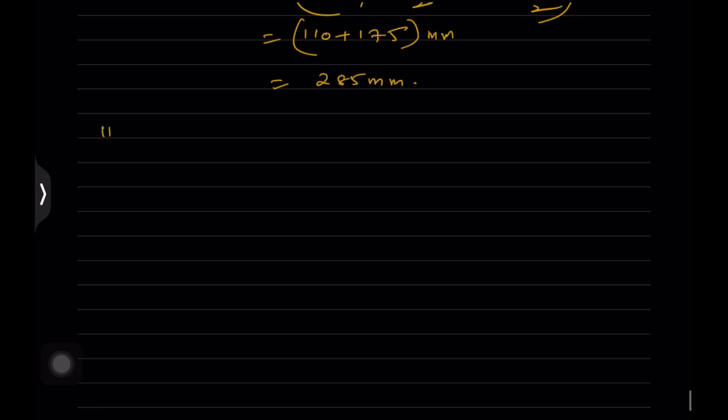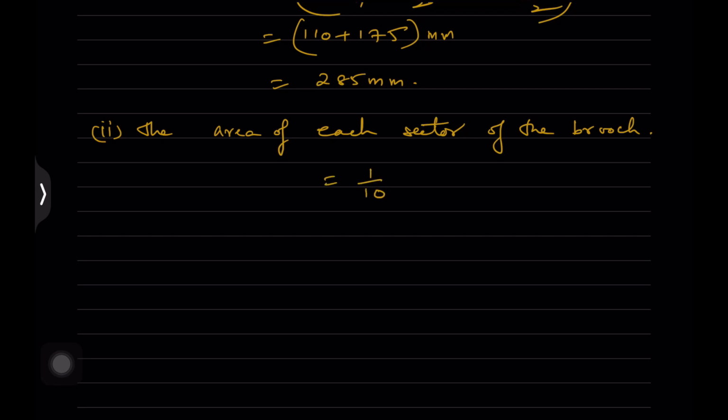Now second one, the area of each sector of the brooch. So there are totally how many sectors here? There are 10 sectors. So area of each sector is equal to 1 by 10 into area of the circle, because it is divided into 10 equal sectors.